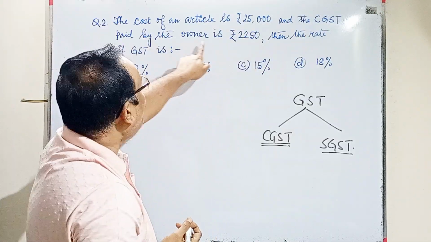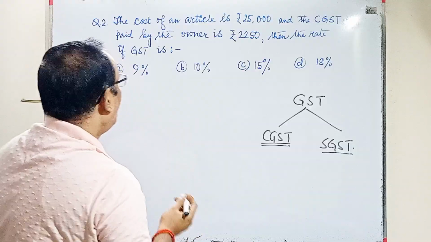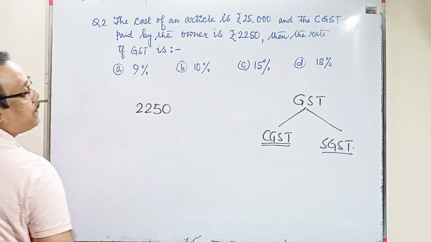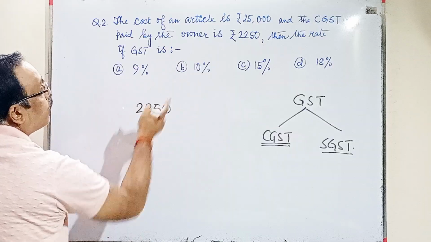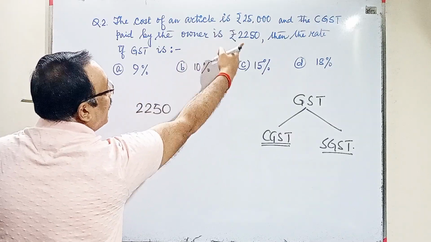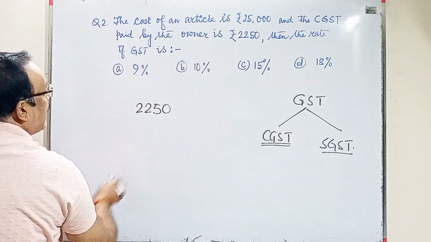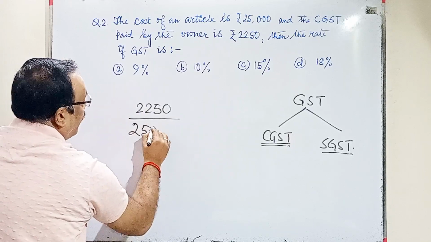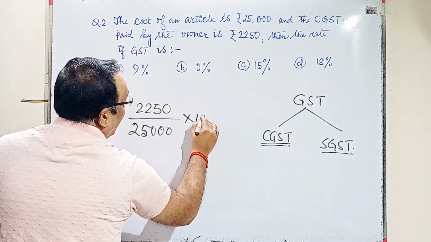Here the question is, the cost of an article is rupees 25,000 and the CGST paid by the owner is 2,250. If I want to find the rate, I take the tax paid divided by the total amount, into 100%.